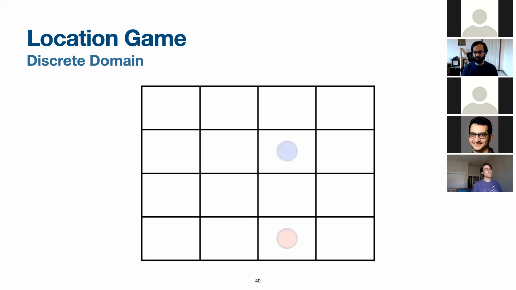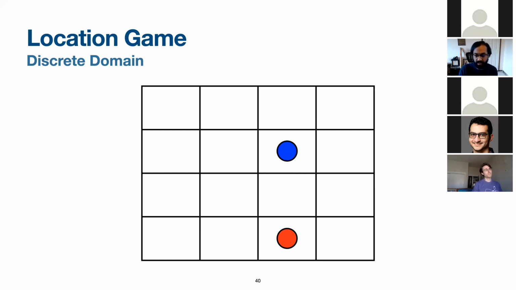Let's clarify this with an example. Let's say we have this grid, and there are two locations chosen, a blue location and a red location. The blue location gets a utility from all the cells that are closest to it in terms of Manhattan distance. That is the sum of the vertical and horizontal distances between cells.